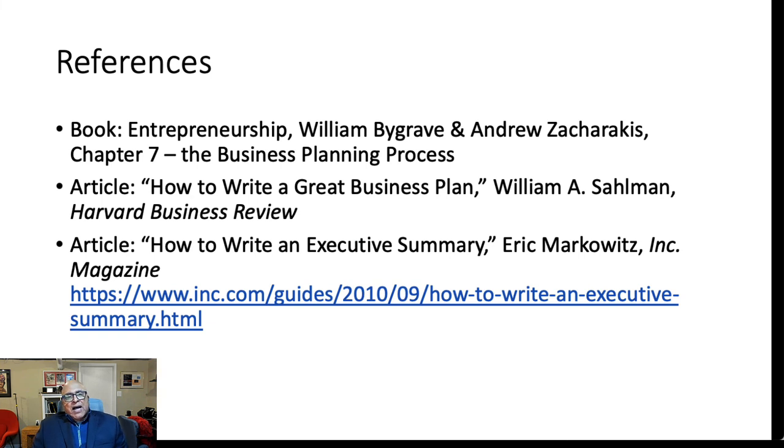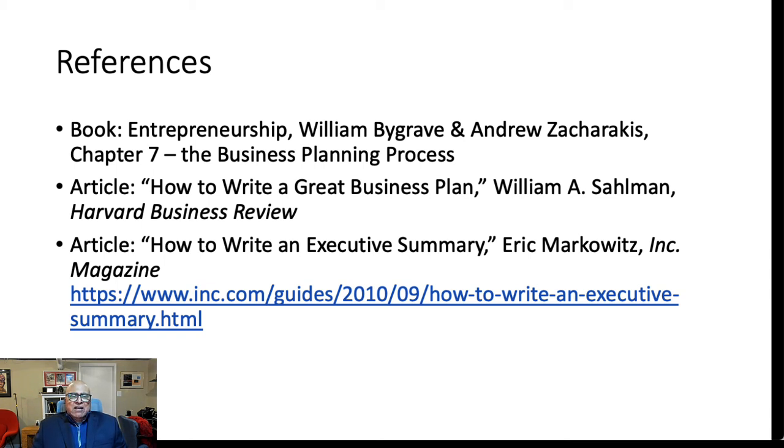So I used a few references in putting this brief lecture together. I used a book called Entrepreneurship by William Bygrave and Andrew Zacharakis. In particular, I used Chapter 7, the business planning process, and particularly the focus on the executive summary.